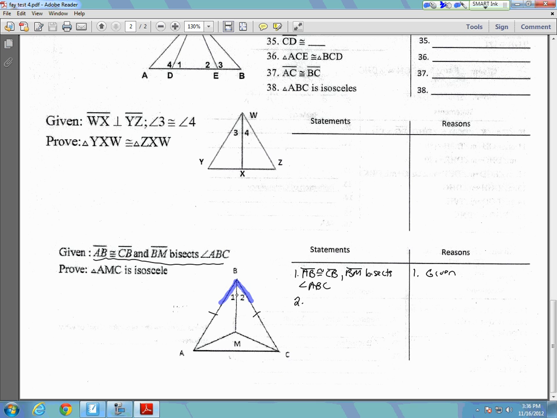BM bisects that angle right there. So the two angles that are created are angles 1 and 2. So angle 1 is congruent to angle 2 by the definition of an angle bisector. So I've got that congruent to that. And now you recognize, hopefully, that BM is congruent to itself. So BM is congruent to BM, which is the reflexive property.